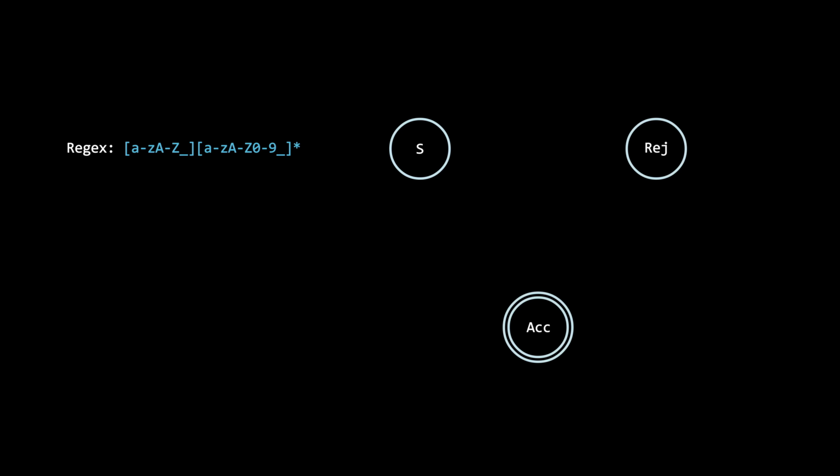So for this next example, we're going to start with the very same regular expression for variables, but this time the sequence of inputs is not going to match. So again, we need to have a letter or an underscore followed by a letter, underscore, or digit. We've got the very same states. Start state, we need to have an uppercase or lowercase letter or an underscore.